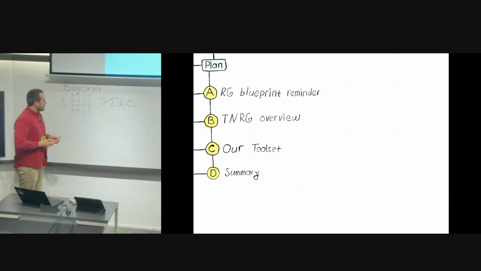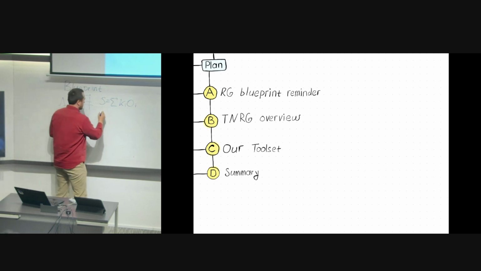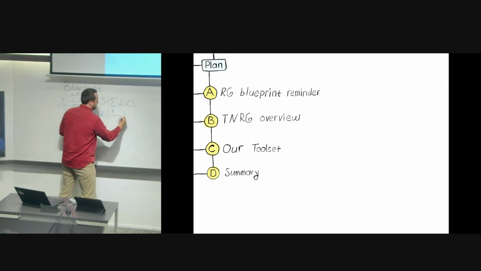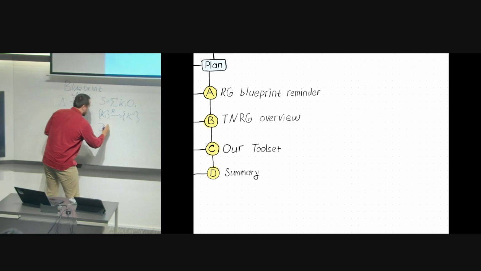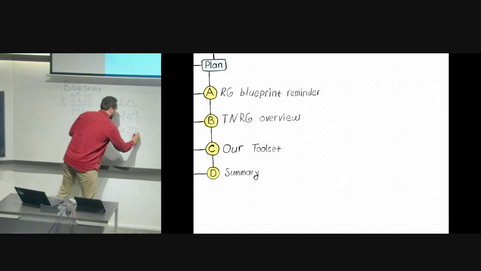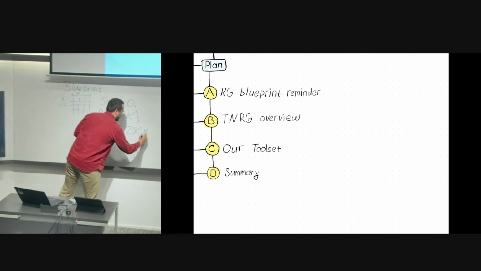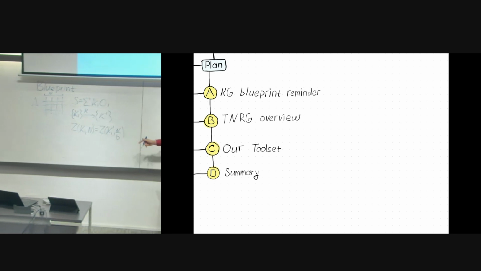Then, as everyone knows what RG does, it takes theory on lattice lambda with coupling constants k, and it maps it to a new theory on a smaller lattice. And it maps it in such a way that partition function is preserved. So here b is just some integer, its scaling factor.